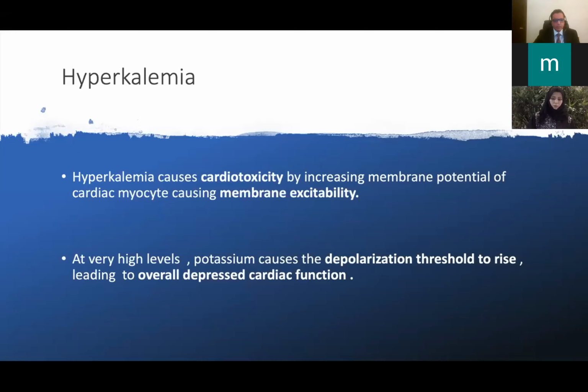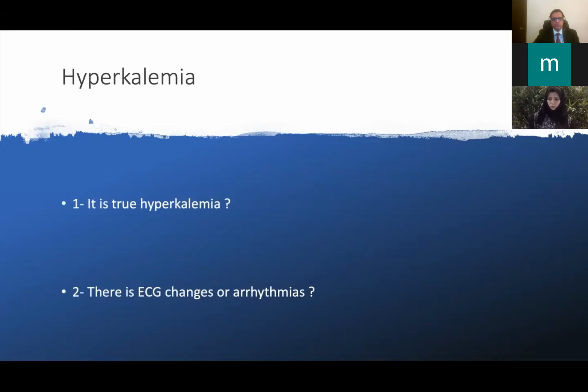Then, after a prolonged exposure to hyperkalemia and at very high levels, potassium will cause the depolarization threshold to rise again, leading to overall cardiac function depression, then cardiac arrest, asystole, and others. So this is how hyperkalemia basically affects the heart.